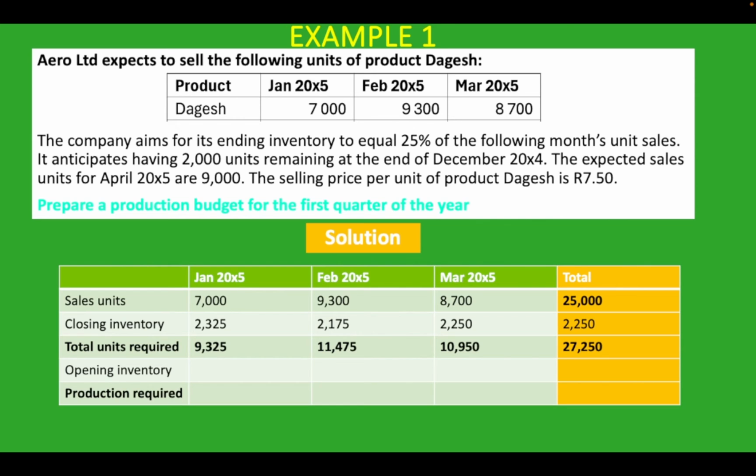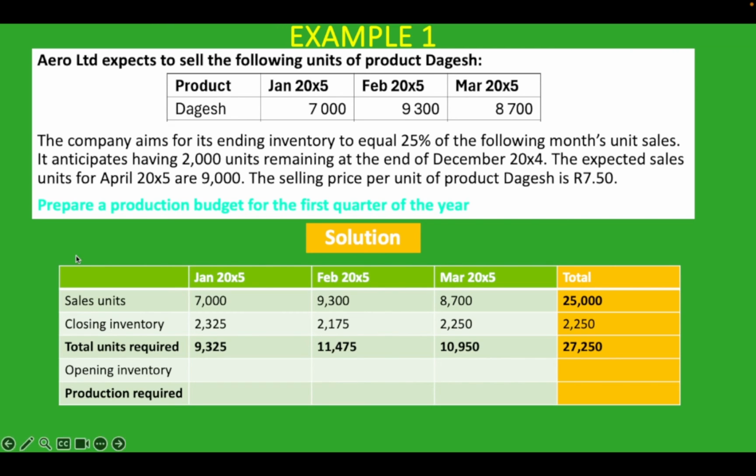But does that mean we need to produce the 27,250 units? Not so. Does that mean in January we need to produce 9,325 units? Not necessarily. If we have opening inventory, we can just deduct what we already have and then we see what we actually need to produce. Okay? I hope it's making sense and you can see it in your mind why we're doing it the way we do. So what is our opening inventory in January? Well, we will need the closing inventory for December, unless you're told the opening inventory for January is such and such amount, okay?